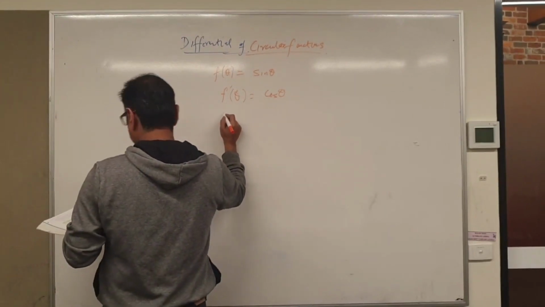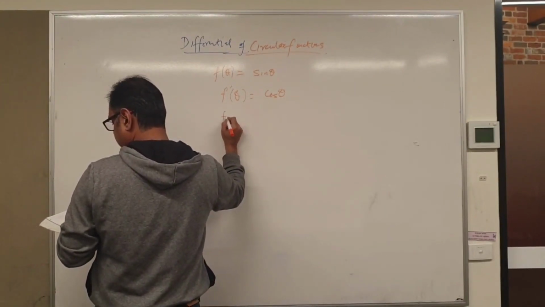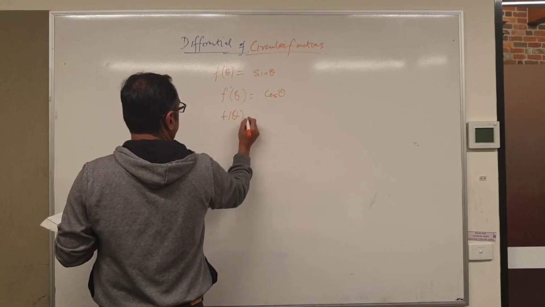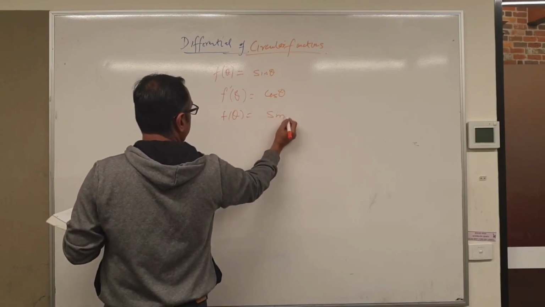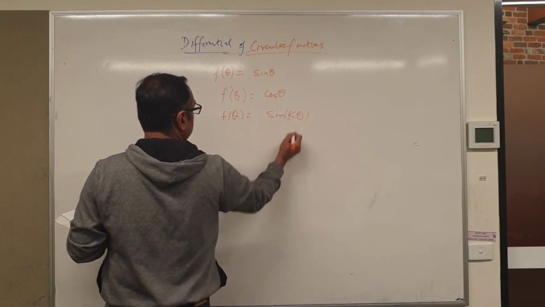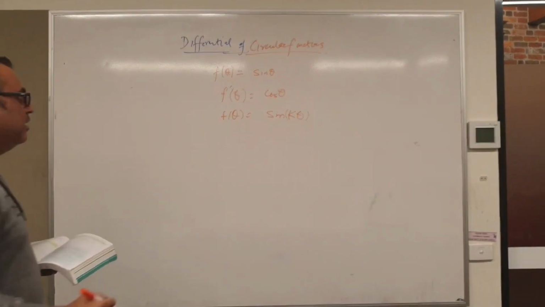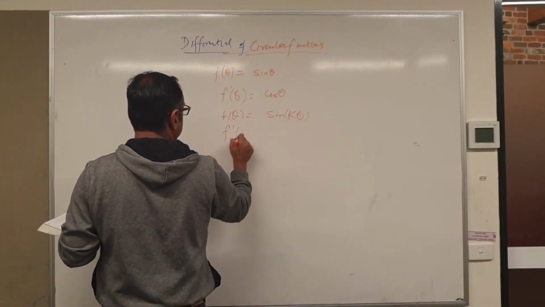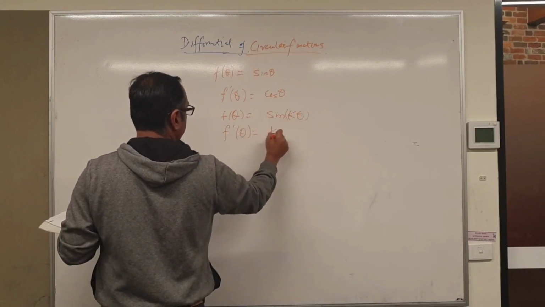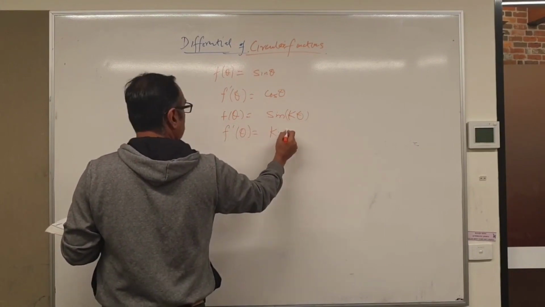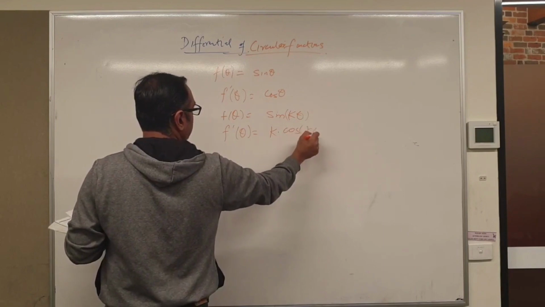More so, if I've got f of theta equals sine k theta, your f dash theta is k times cos k theta.